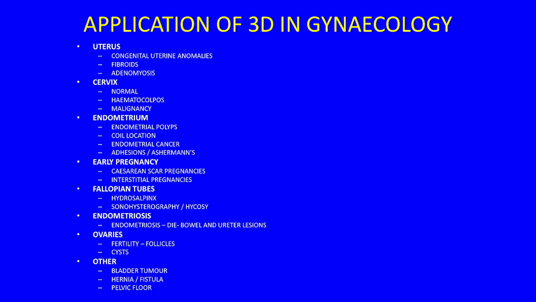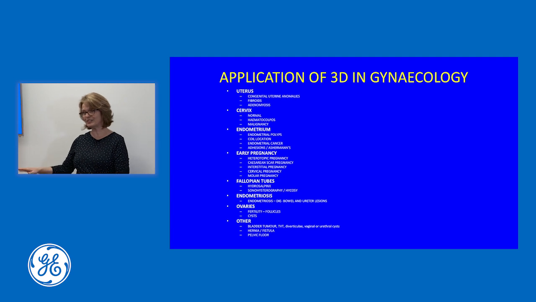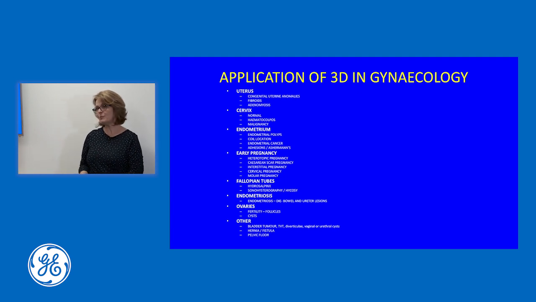So I'm hoping that I've shown you that 3D has a lot of applications, that we have gone through this list, and that pretty much whatever you can see on 2D, you can take a nice 3D view of it, play around with the volume when the patient's not in the room usually, and see what the image can teach you about how you look at a 2D image and how it can help you make a good diagnosis.